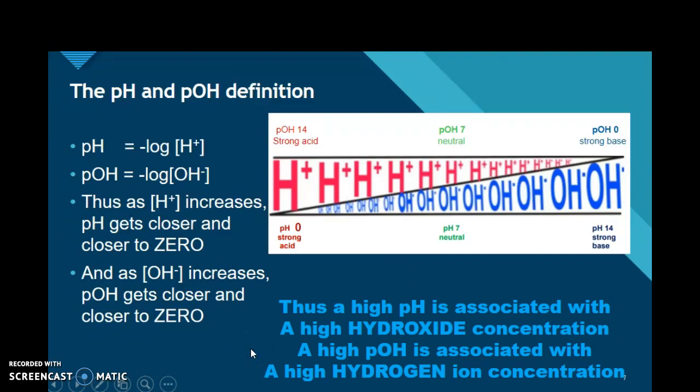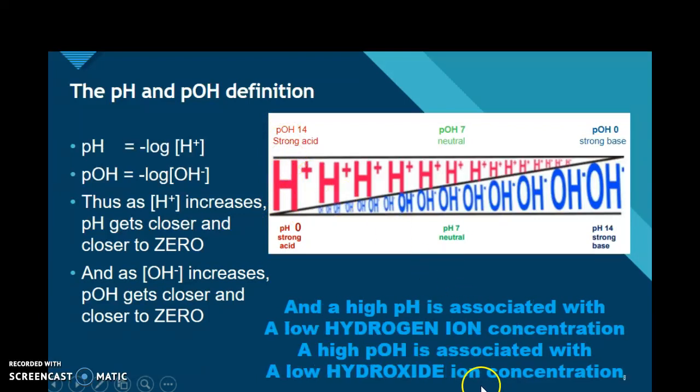A high pH, then, is associated with a high hydroxide concentration, and a high pOH is associated with a high hydrogen ion concentration. A high pH here is associated with a low hydrogen ion concentration, and a high pOH is associated with a low hydroxide ion concentration.